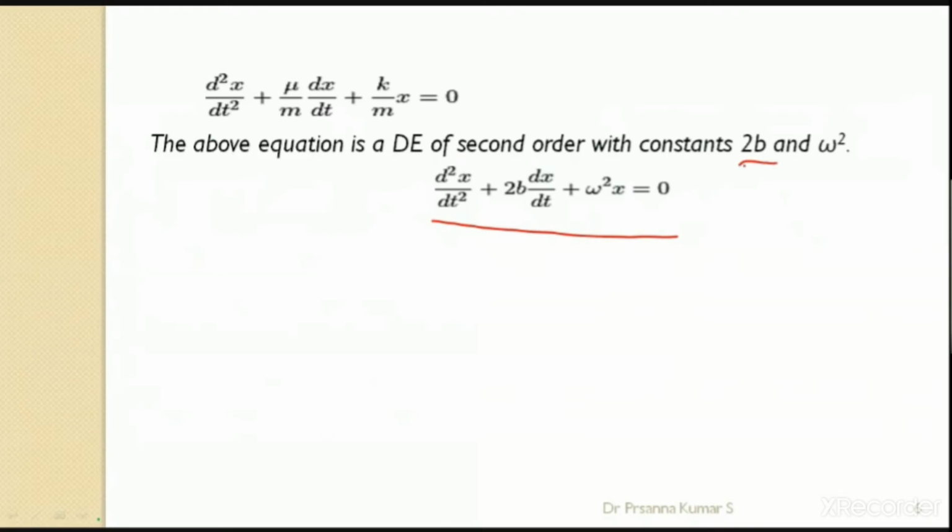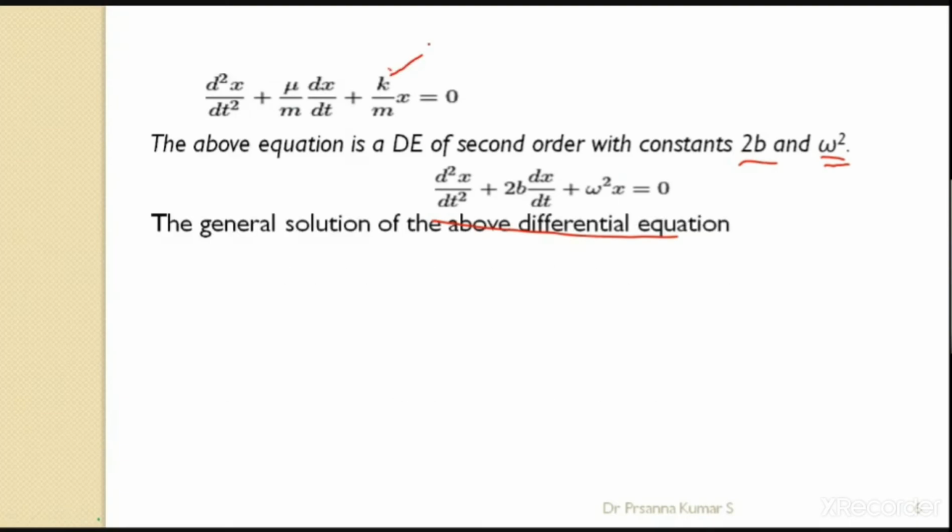Right. 2b is mu by m. Omega square is k by m. So the general solution of the above differential equation can be given this way.